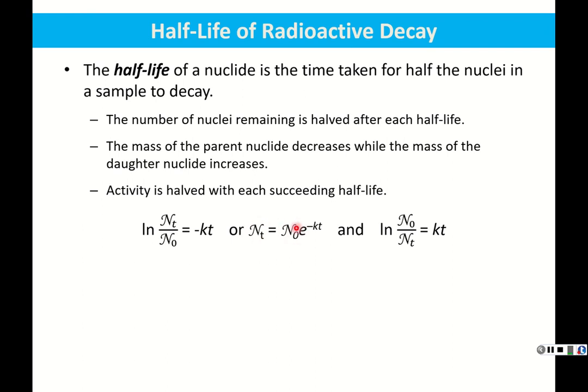It's going to be the number that you started with times e to the minus kt. And you can also flip the ratio here. Instead of N_t over N naught, you can do N naught over N_t, and that would then equal kt instead of negative kt. So by flipping these, you remove that negative sign, in a sense. So that's three ways of representing the same equation.